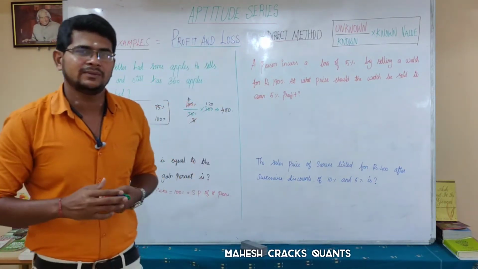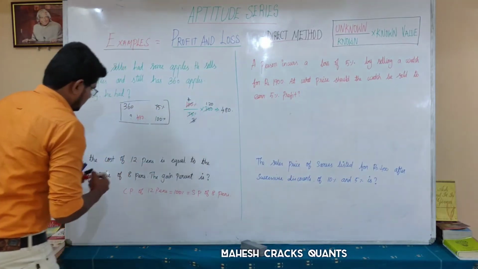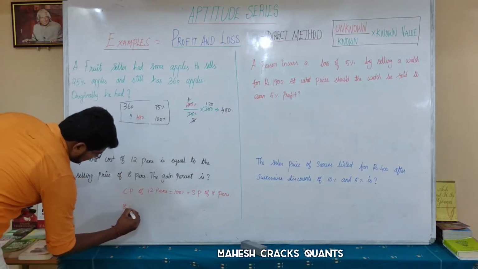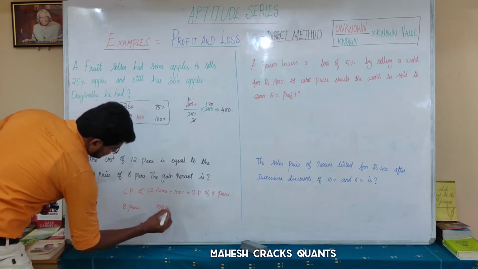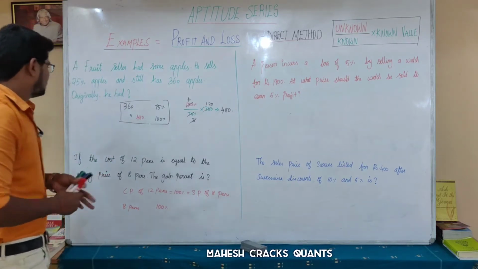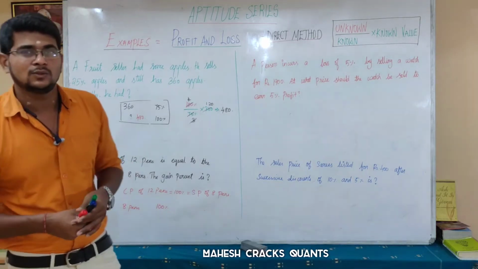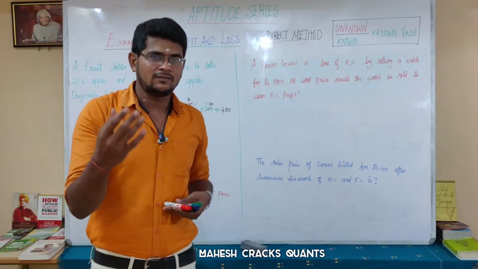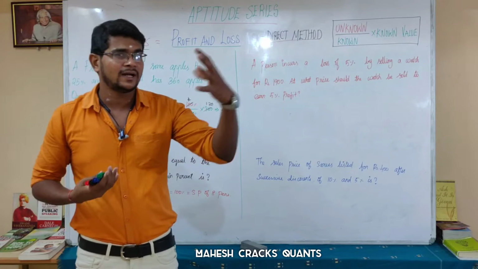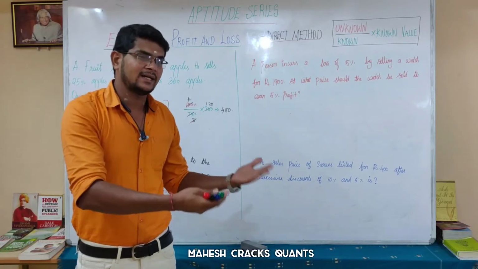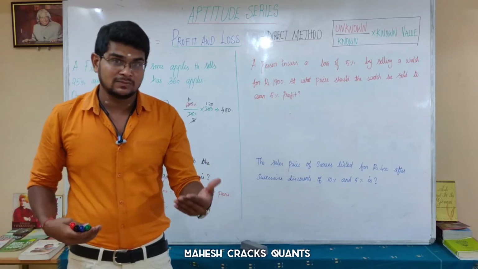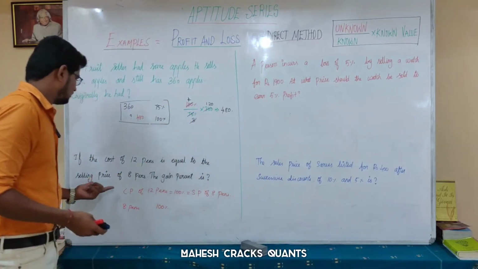What is the selling price of 8 pence? 100%. I know that. How many pence did I have? 12 pence. So what is the profit for me? After selling 8 pence, I got 100%, which is nothing but my investment. So I retrieved my investment.